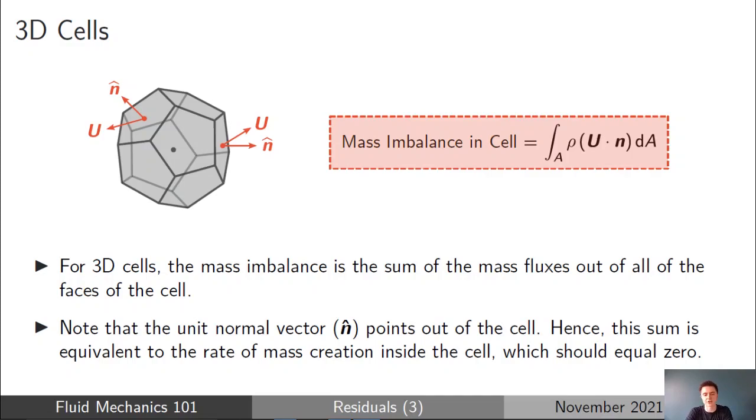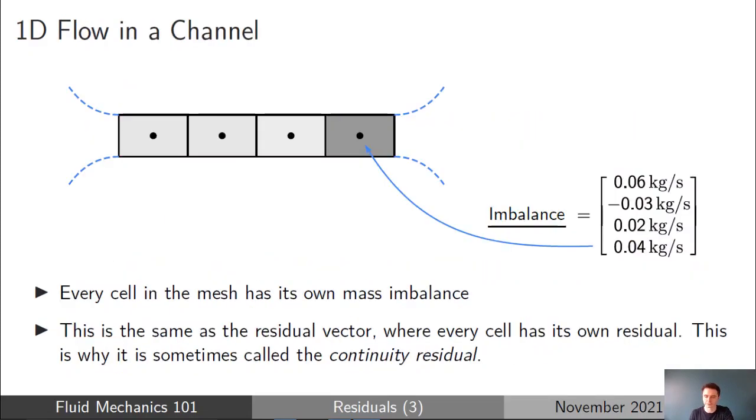You can see in that integral we've got the dot product of the velocity vector at the center of the face with the unit normal vector, because that gives us the component of velocity normal to the face passing out of the cell, which transports mass with it. So if we calculate that integral, or the summation in discrete form, over all of the faces of a particular cell, that's going to give us the net mass imbalance for that cell in the mesh.